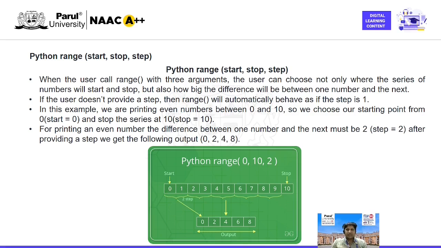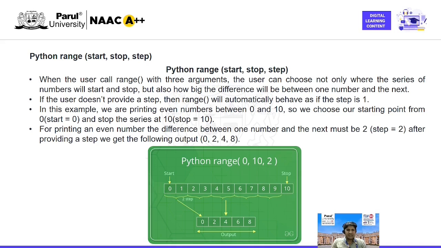If the user doesn't provide a step, then range will automatically behave as if the step is 1. In this example, we are printing even numbers between 0 and 10. It means the start value is 0, the end value is 10, and we are going to print the even numbers.